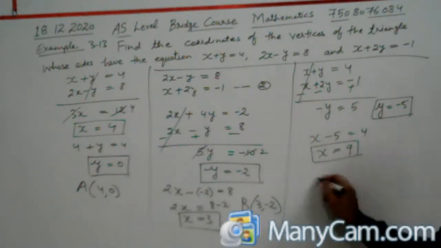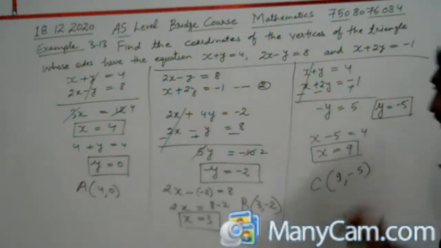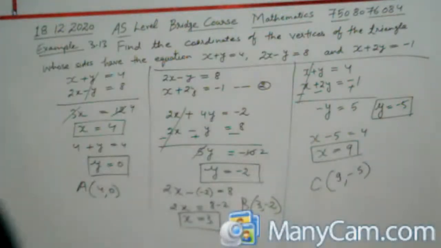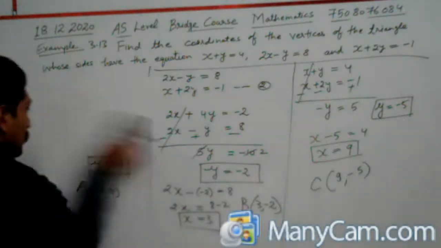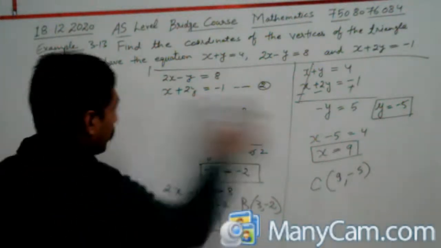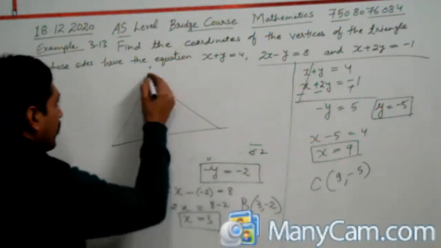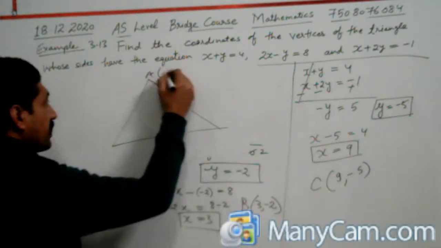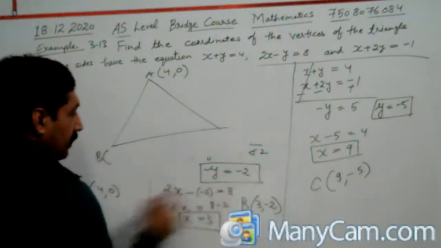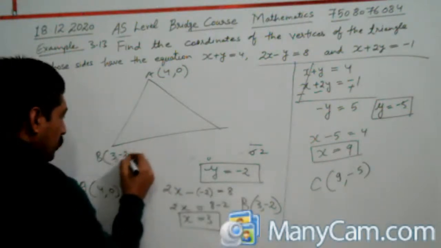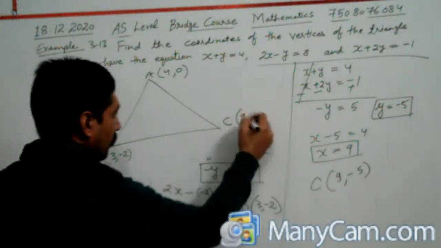So the point C is (9, -5), right? If I have to plot the triangle ABC on the grid plane, A has coordinates (4, 0), B has coordinates (3, -2), and C has coordinates (9, -5).